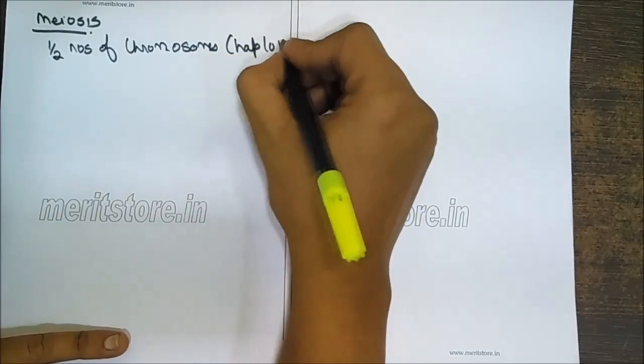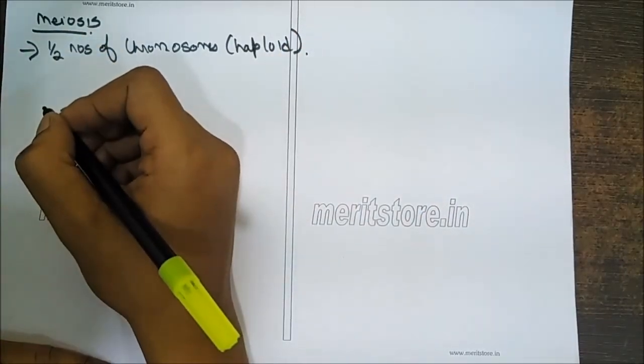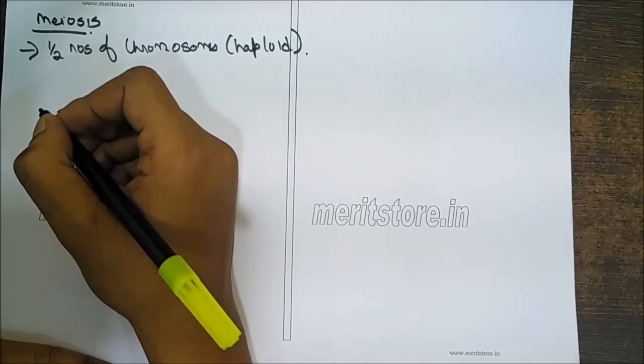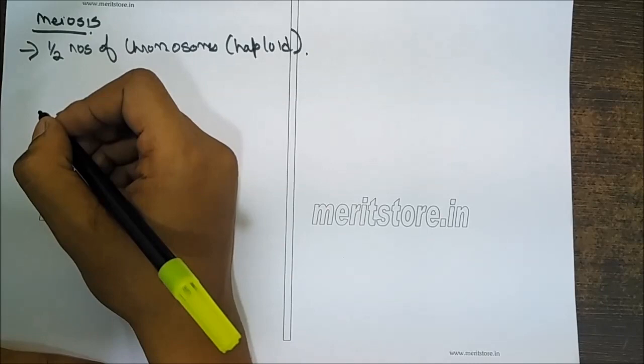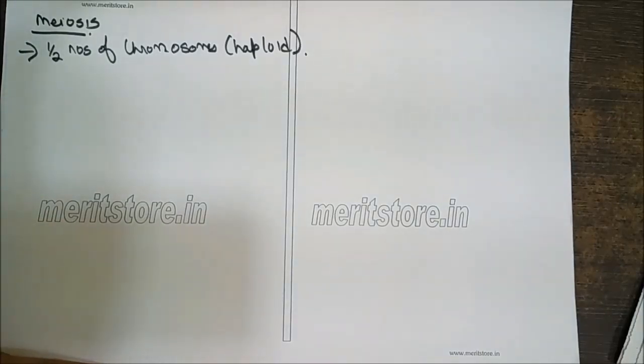Mitosis gives diploid and meiosis gives haploid daughter cells. Meiosis involves sequential cycles of nuclear and cell division called meiosis 1 and meiosis 2, but only a single cycle of DNA replication. It involves pairing of homologous chromosomes and recombination between them.